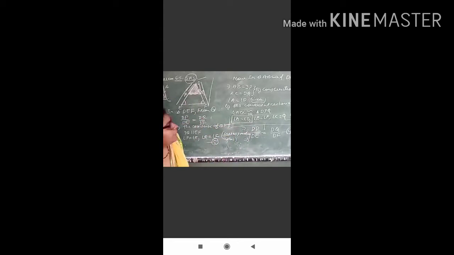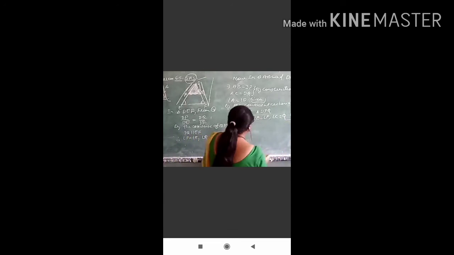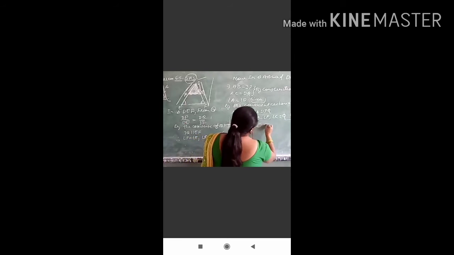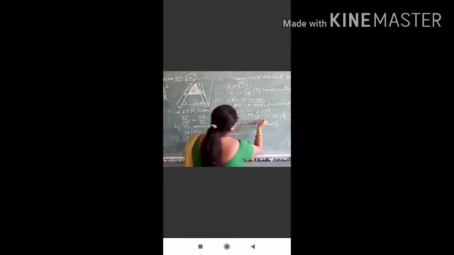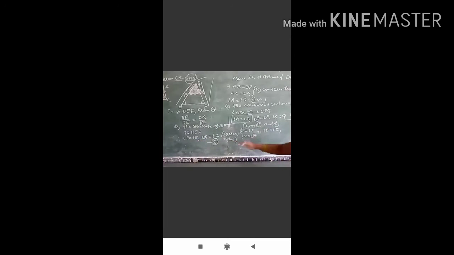So from 5 and 6, because angle B is equal to angle P and angle P is equal to angle E, angle B is equal to angle E. Similarly, angle C is equal to angle Q and angle Q is equal to angle F, so angle C is equal to angle F.